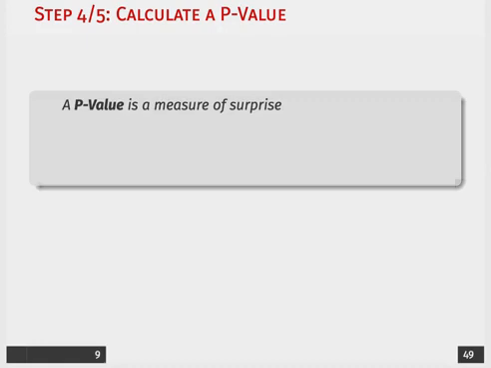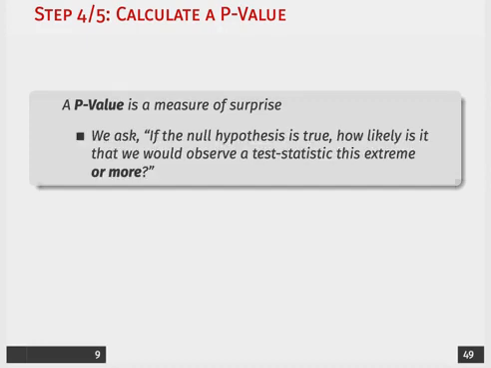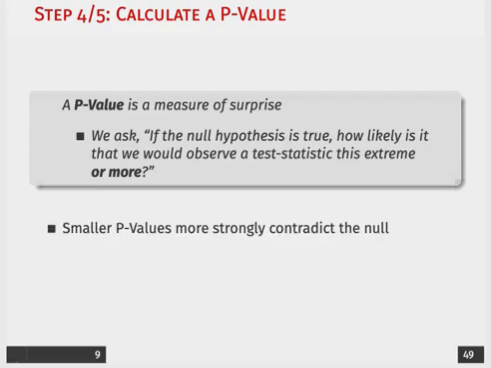It's more intuitive to say that we have passed a critical threshold such that we have found sufficient evidence, right? We need to have some bar of comparison. And essentially what we're asking is, if the null hypothesis is true, how likely is it that we would observe a test statistic this extreme or more?